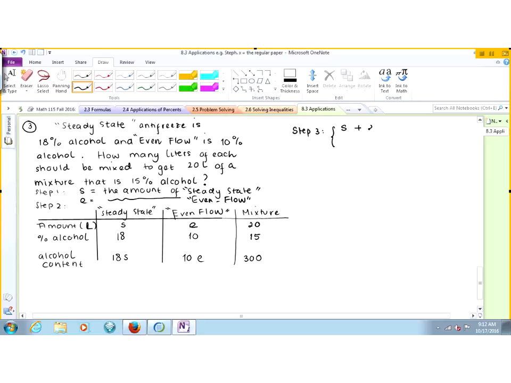The easiest one. S plus E is equal to 20, and what's the other one? 18S plus 10E is 300. Yes. All right. Can you solve it, please?